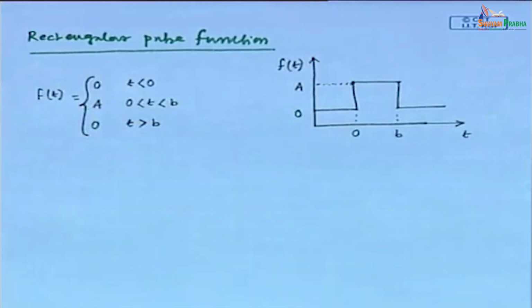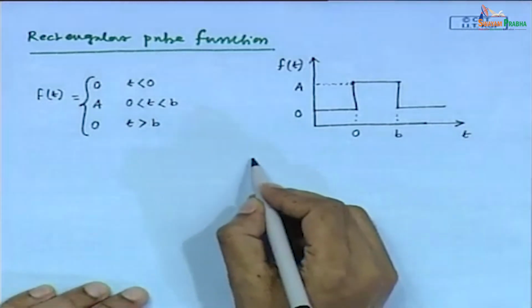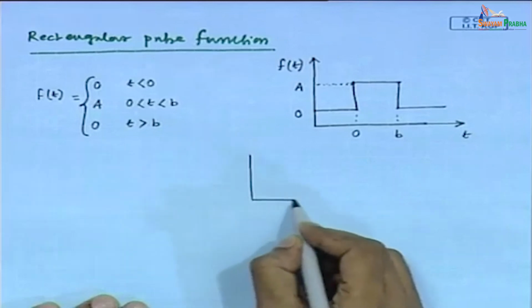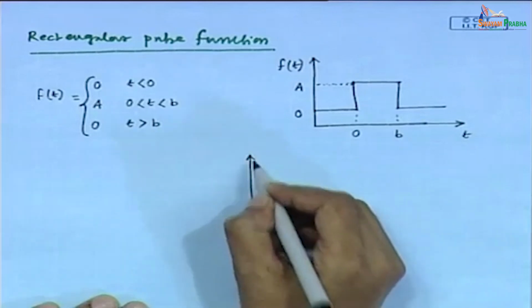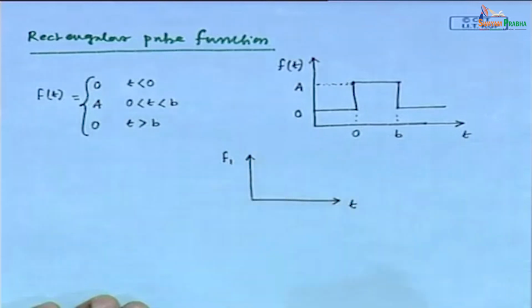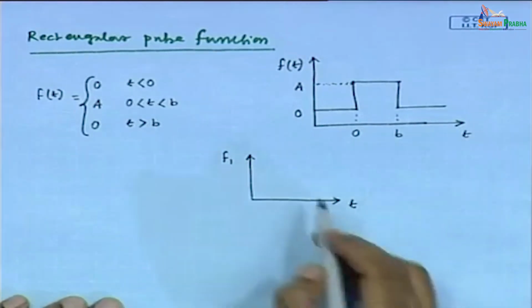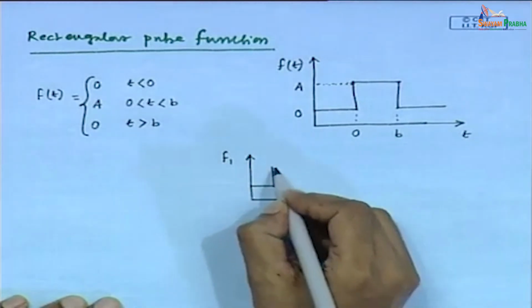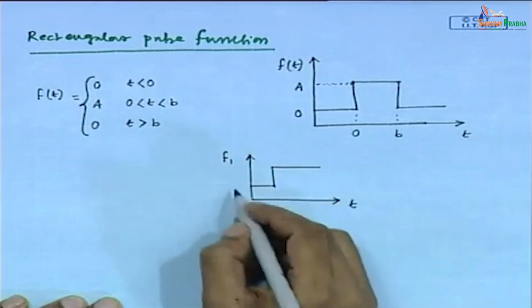This pulse function is basically the combination of two input functions, fine. So, what are these two input functions? If we consider one function is f1 and another one is f2, then the graphical representation of f1 is like this.